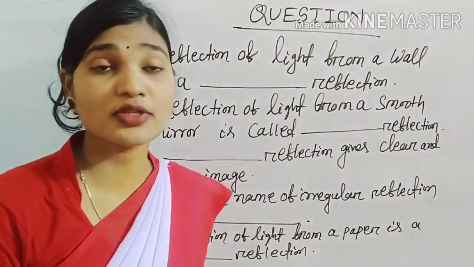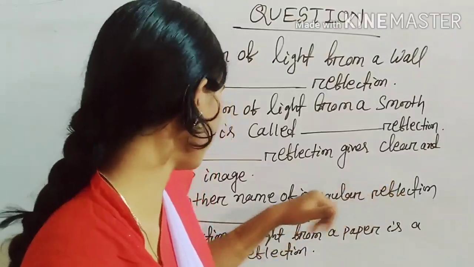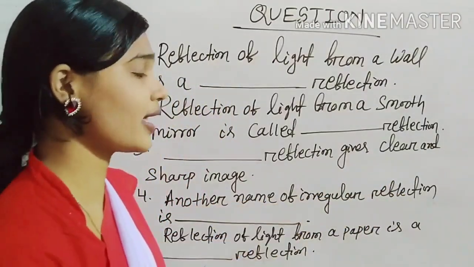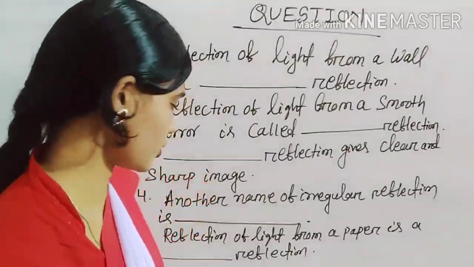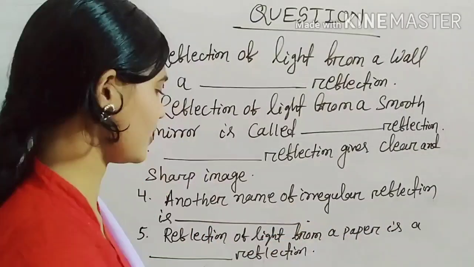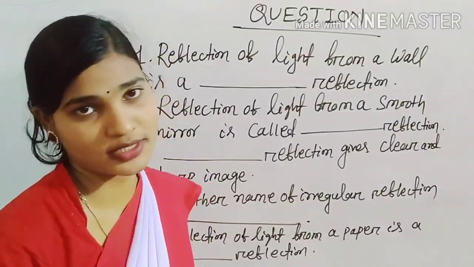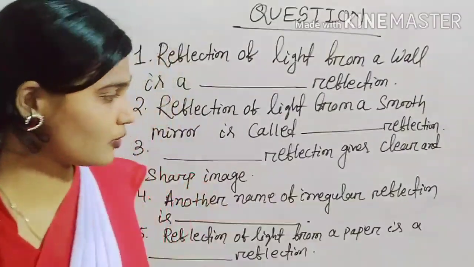Which reflection gives us a clear and sharp image? Fourth, another name of irregular reflection is dash. Fifth question is, reflection of light from a paper is a dash reflection. Which type of reflection is it? You have to write this.